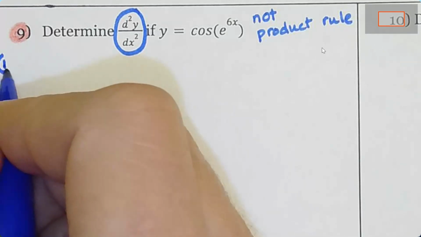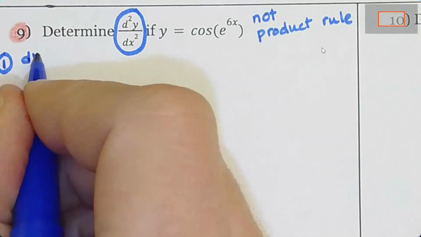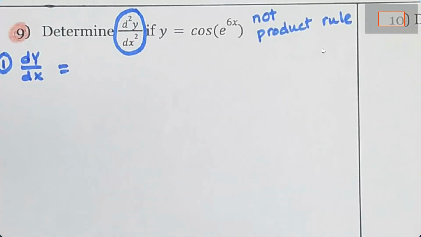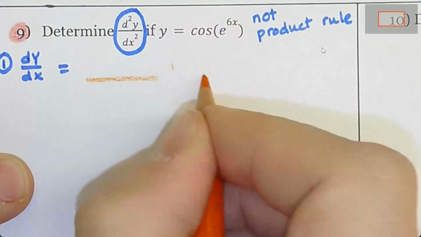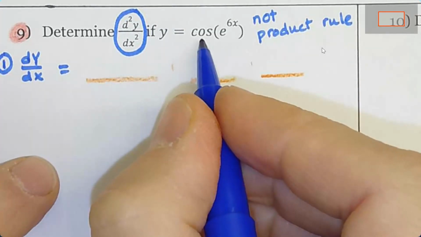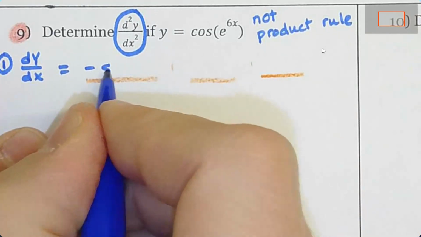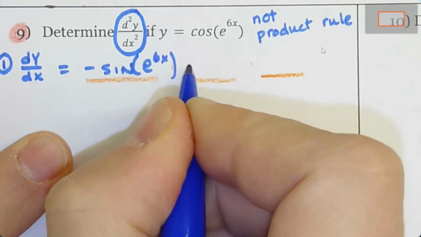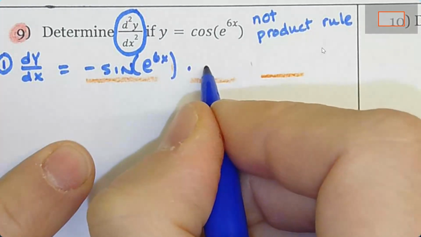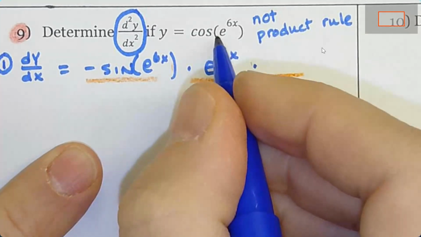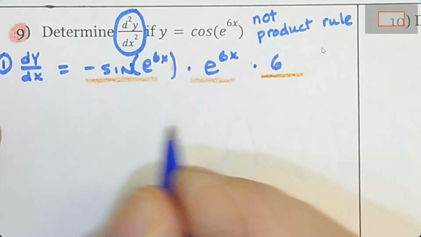So step 1, if we wanted to take the derivative, we would just use my buddy, the chain rule. So 3 links in the chain. Derivative of cosine is negative sine of leave it alone, multiplied by derivative of e to the something is e to the something, multiplied by derivative of 6x is 6.